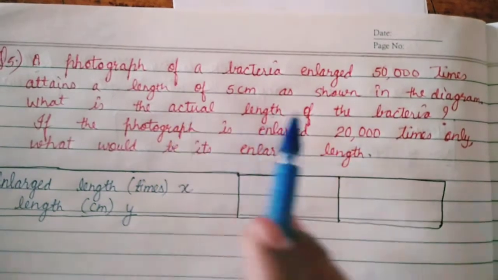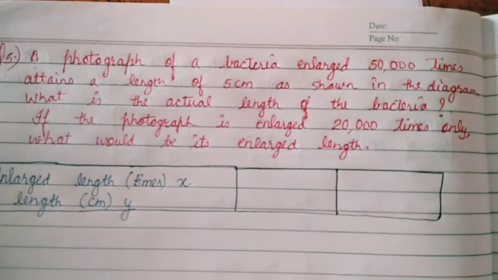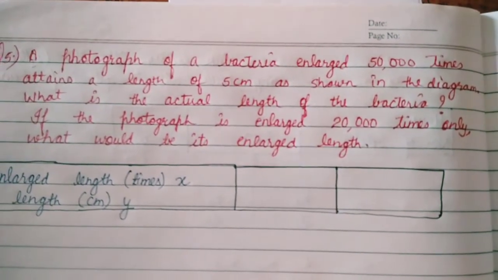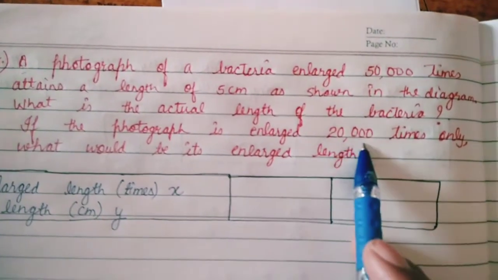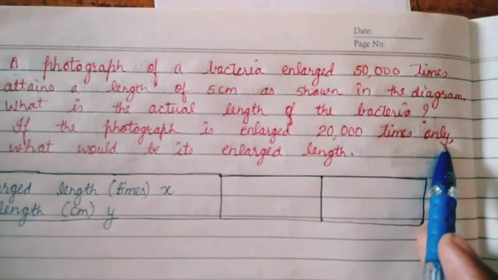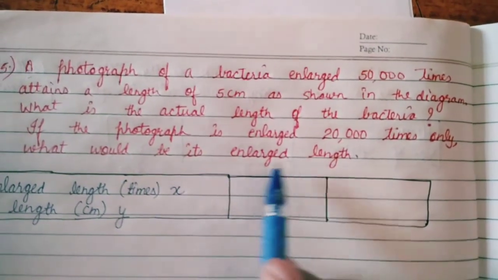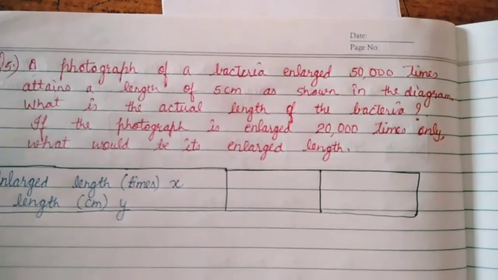What is the actual length of the bacterium? We need to find the actual length of the bacterium if the photograph is enlarged 20,000 times only. What would be its enlarged length?